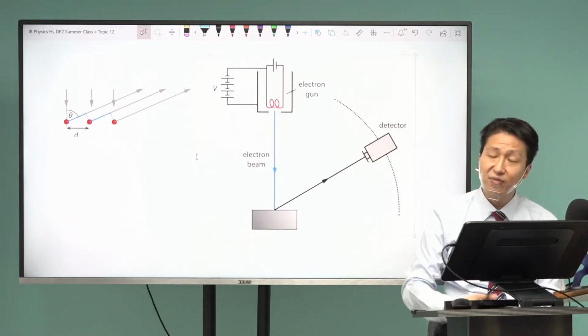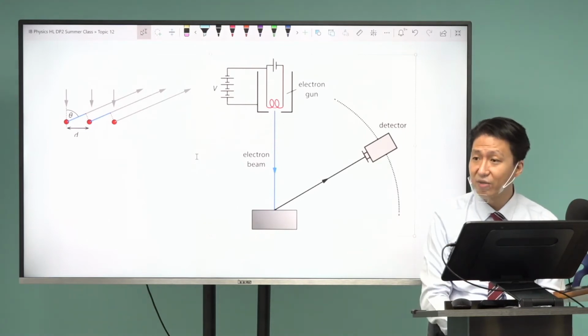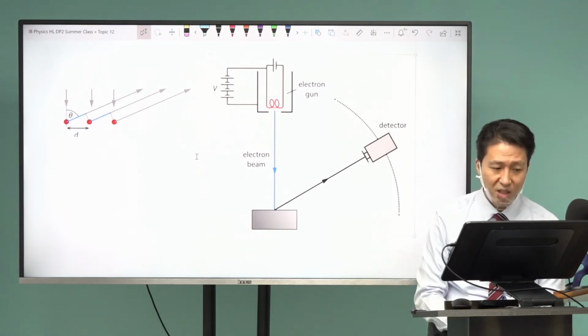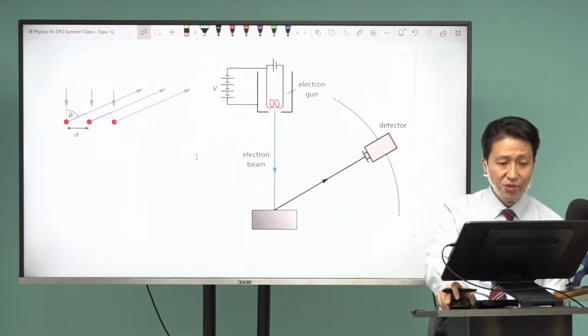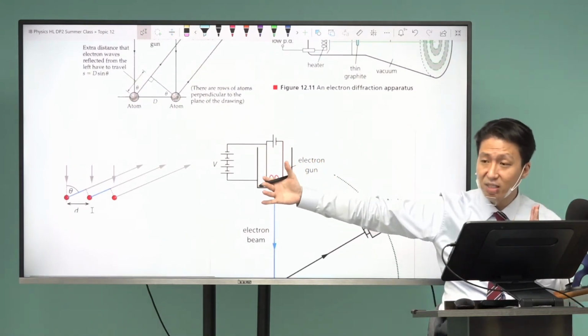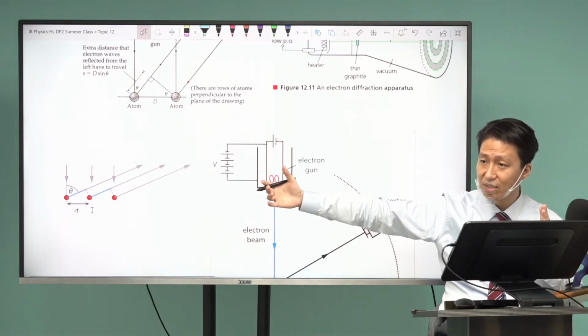If you have done waves before this class, and you probably have, you know that there's double slit interference, there's multiple slit interference. So what they found was, if you look at the atoms, the atoms are a certain distance apart, all of them.